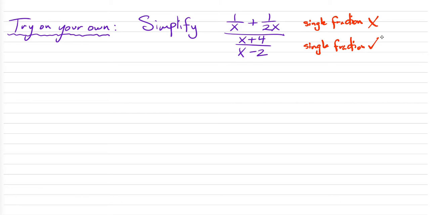If you need help starting, the top is not a single fraction. So you need to put those together to start.